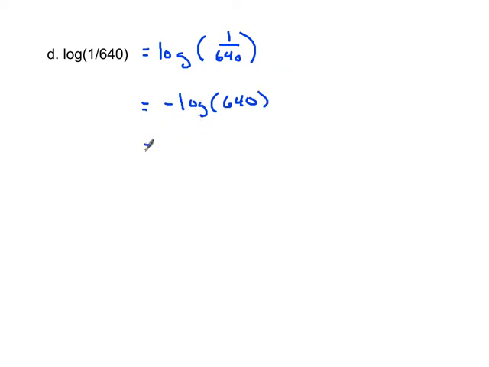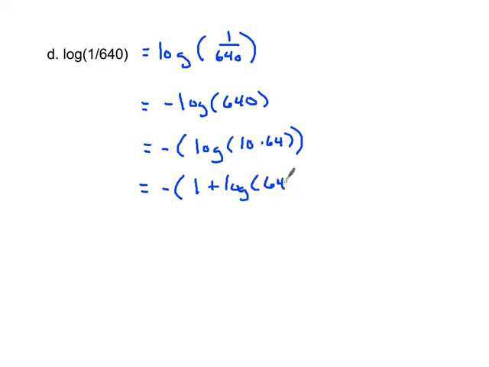So now we have our negative on the outside. I'm going to put these in parentheses because the negative applies to everything. That'll be 10 times 64. Now I can rewrite this as 1 plus the log of 64.